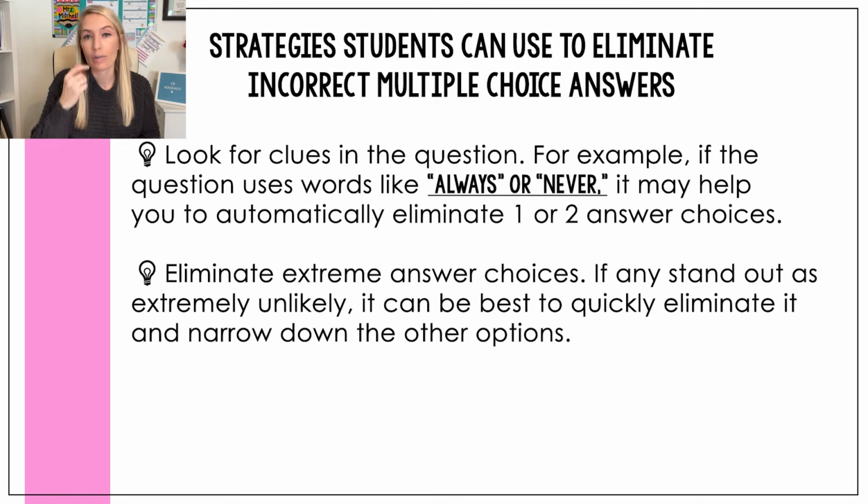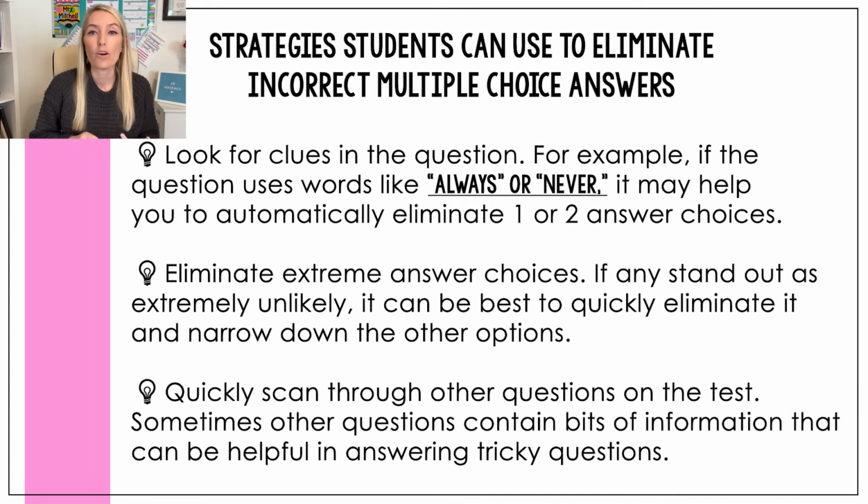Students can also eliminate extreme answer choices, right? If any stand out as extremely unlikely, it can be best to quickly eliminate it and narrow down the other options. Students can also quickly scan through other questions on the test. Sometimes other questions contain little bits of information that can be helpful in answering tricky questions that appear elsewhere on the test. With these strategies in your toolkit, your students will be well equipped to tackle any multiple choice test that comes their way.